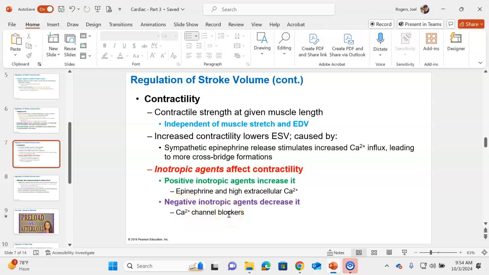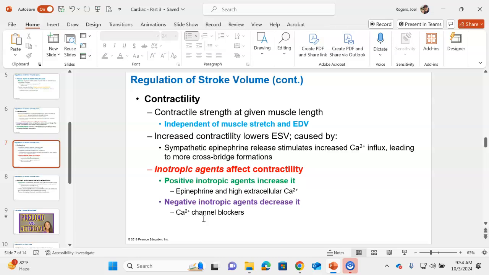I think we mentioned this in the second lecture. If you decrease the amount of calcium that gets into the myocardial cells per plateau phase, you're going to not minimize, but just decrease the number of cross bridges that are formed, and make the ventricles contract with less force. So contractility again is the force of ventricular contraction independent of stretch.